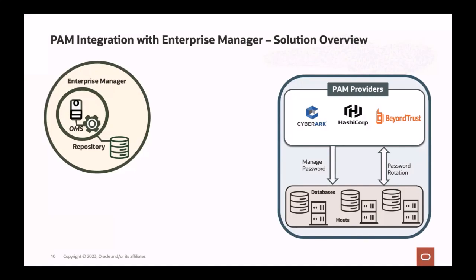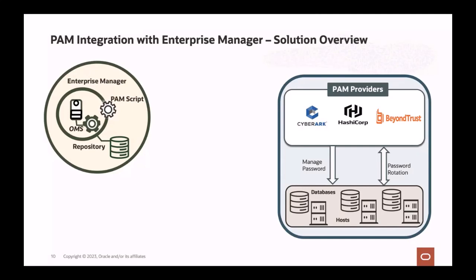PAM tools ensure password rotation, maintain privilege access control, and enhance the security of these privileged accounts. Traditionally, all these named credentials are stored in EM in the repository database. However, with the integration of PAM solution, the credentials for database and host are now managed within the external PAM store. This shift to an external store improves the security and aligns with PAM best practices for privileged account management.